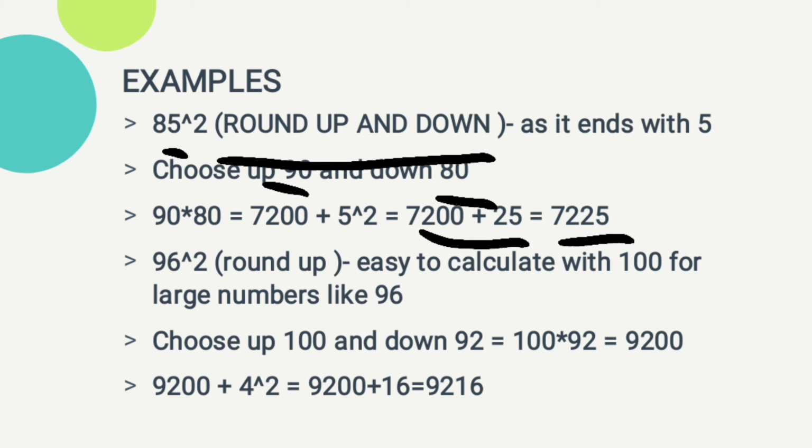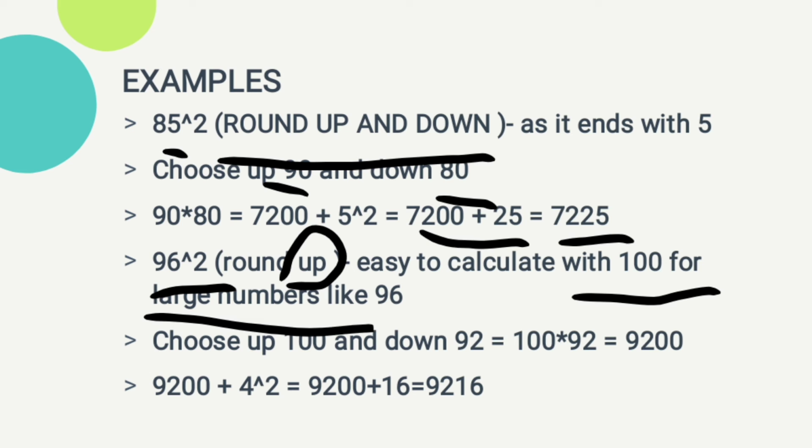Next we will see a larger number, and when we round up, it is easy to calculate. Choose 96 the whole square. As it ends with 6, you have to round up. It is easy to calculate with 100 for larger numbers like 96.